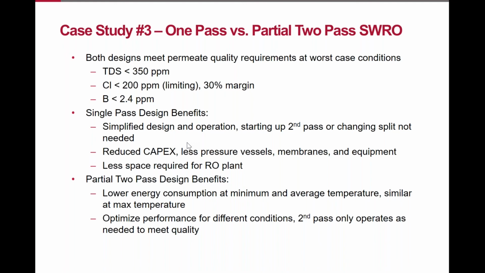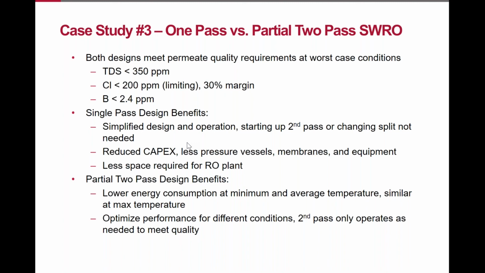So we're targeting 154 ppm. So we do have room on that, just in case anything happens. And we have benefits on both sides, for both single pass and the partial two pass design. For the single pass design, the benefit is that you do have a simplified design and operation. You don't need to worry about starting up and shutting down the second pass depending on the temperatures.